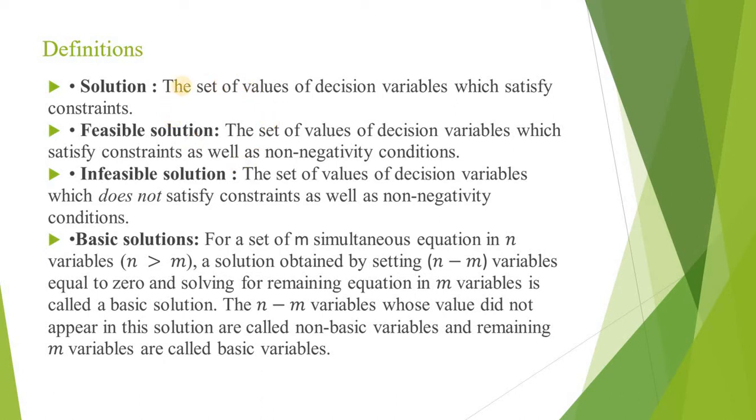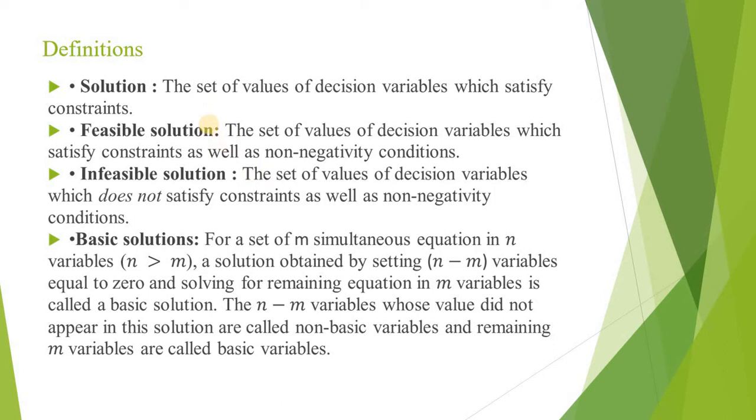First is solution. A solution is a set of all variables which satisfy the constraints, and feasible solutions are those solutions which are also non-negative. Infeasible solutions are those solutions which are not feasible solutions.